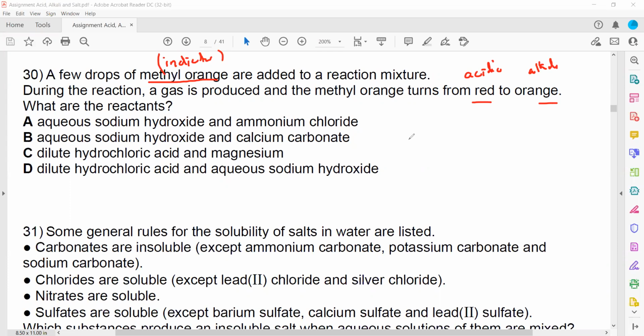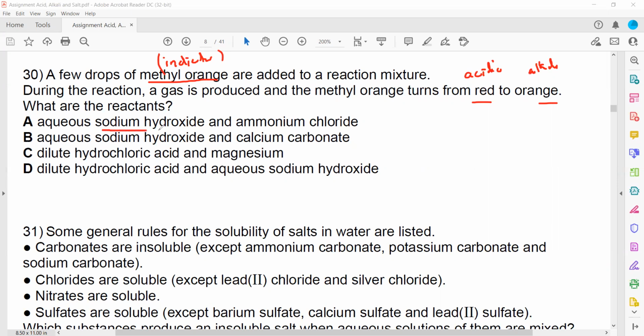So the acid is completely used up and the gas is given off, as they mention here. When sodium hydroxide reacts with ammonium chloride, sodium hydroxide is a base, so originally it should not be red here.